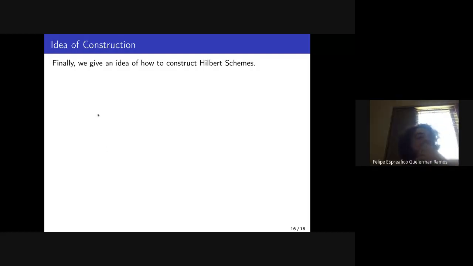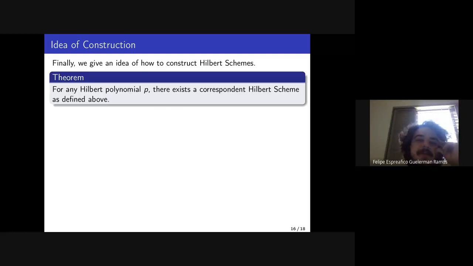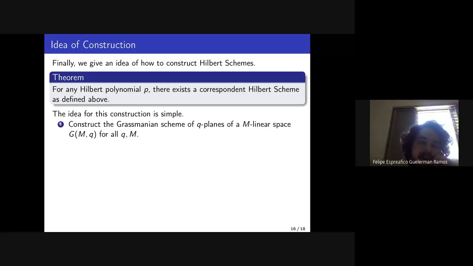And finally, we want to give the idea of how we construct Hilbert schemes. So they exist, that's the theorem. And the idea is to construct the Hilbert schemes inside Grassmannians. So we have the Grassmannian scheme of q-planes of an M-dimensional linear space.